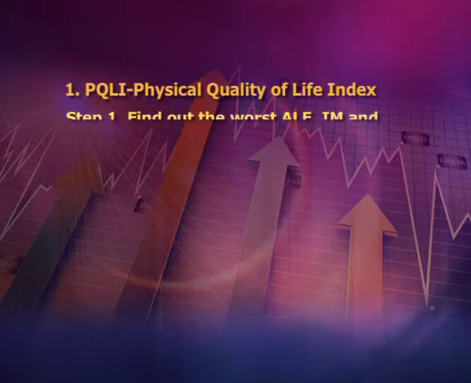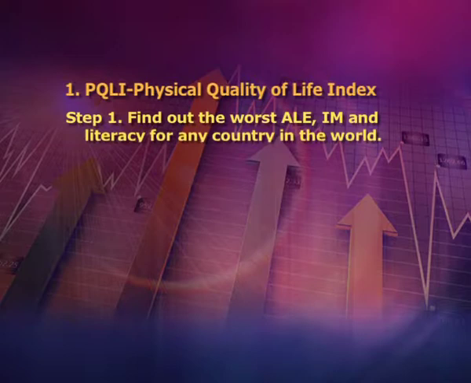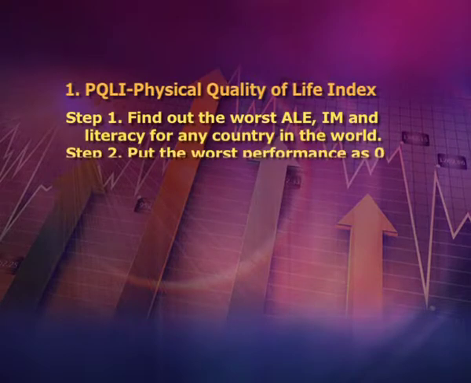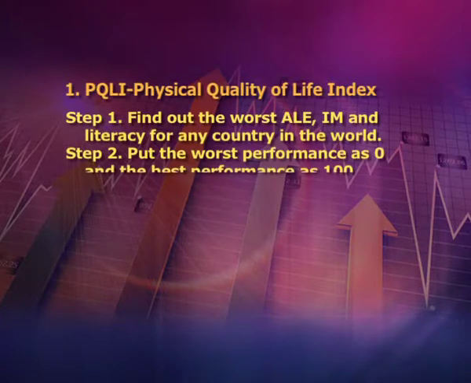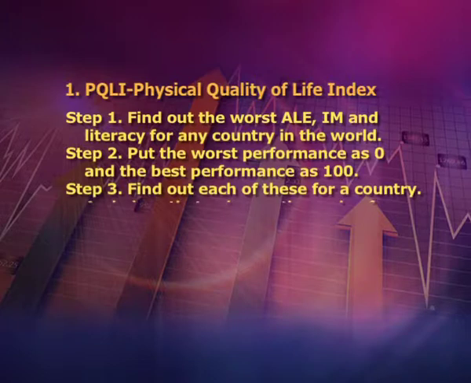Step 1. Find out the worst performance of any country in average life expectancy, infant mortality and literacy. Step 2. Put the worst performance on a scale as 0 and the best performance as 100. Step 3.